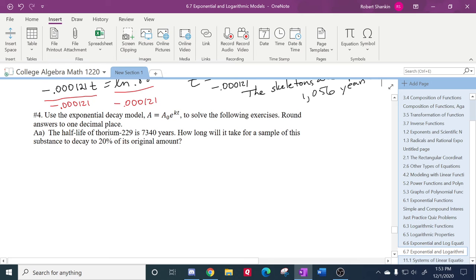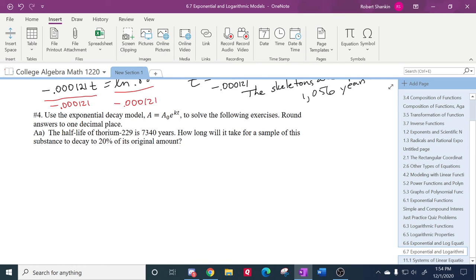Now it says use, they don't give you the K this time. Use the normal exponential decay model, A equals A0 e to the kt, to solve the following exercises. Round the answers to one decimal place.